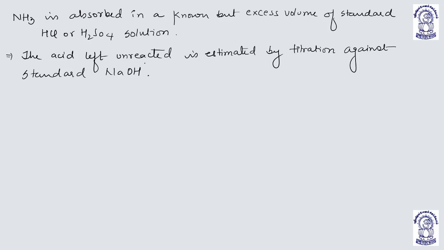From this, the amount of acid used against ammonia is found. So basically, what we have done, we have taken a known amount of acid, but with excess volume. The molarity or the normality of the acid should be the same as that of the base we are going to take.